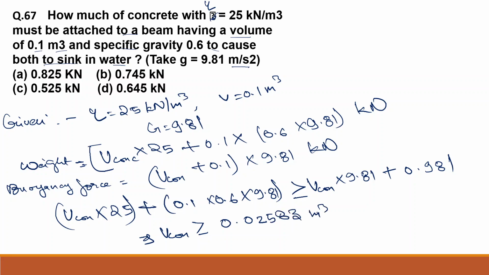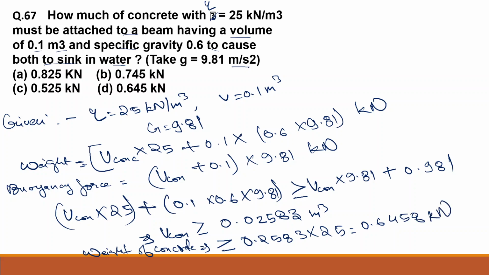0.02583 meter cube. Weight of concrete is greater than or equal to 0.02583 into 25, equal to 0.6458 kilonewton.